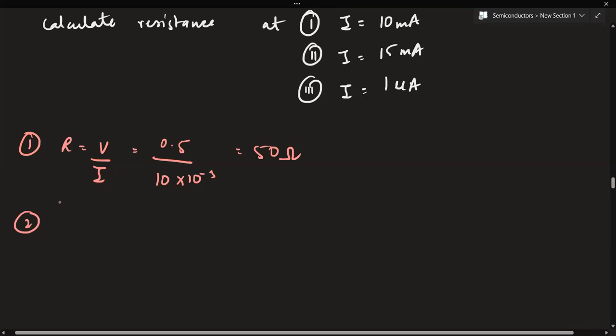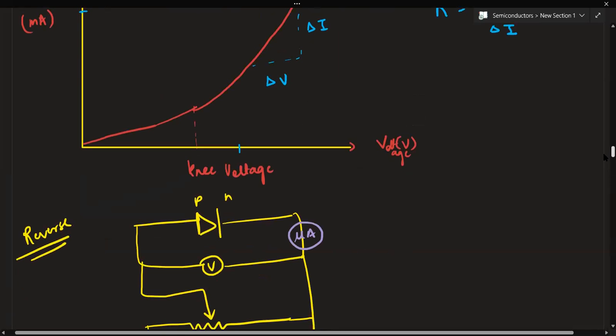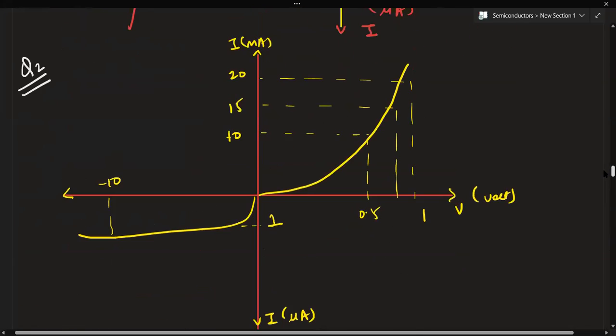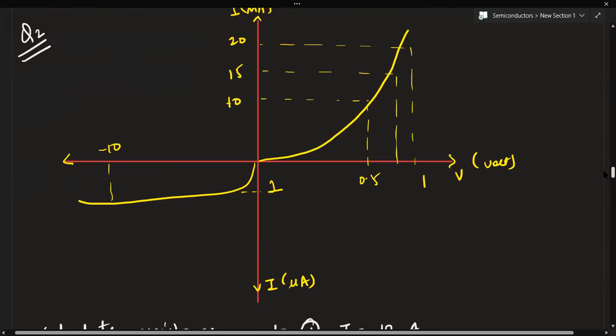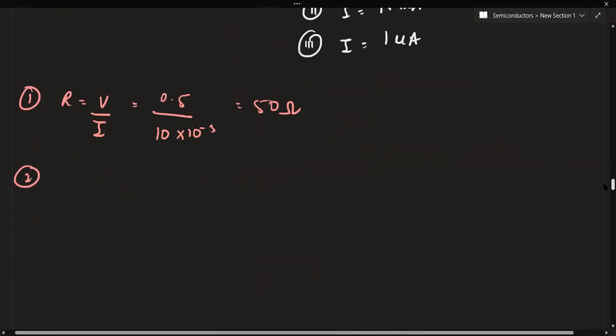Now see, regarding the second part, are you able to see any value of voltage? No. So you have to take the average whenever this is given. Now see, how will you take the average? Firstly, I1, you will take the initial value ahead of it and behind of it. So I1 is 10 milliamperes, I2 is 20 milliamperes.